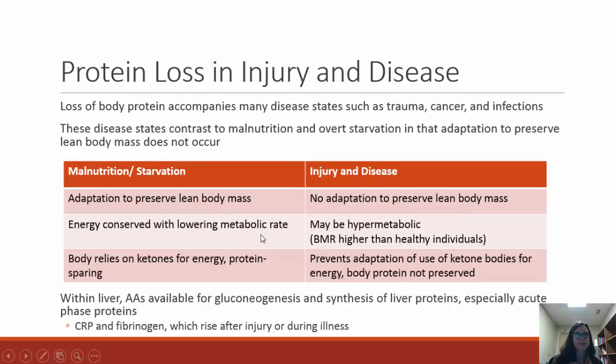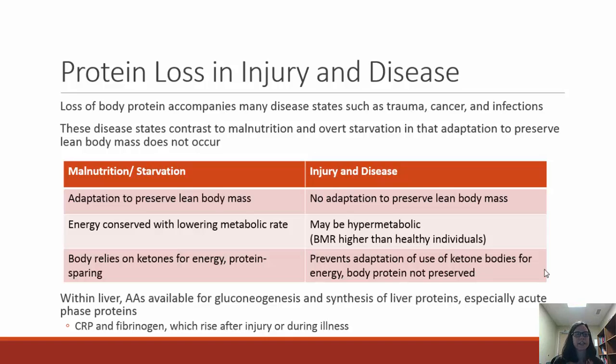In malnutrition and starvation, our energy is conserved by lowering our metabolic rate, but in injury and disease, we actually may be hypermetabolic as our body tries to heal. In malnutrition and starvation, the body relies on ketones for energy in order to spare our protein, but in injury and disease, we do not have this adaptation, and therefore our body protein is not preserved.